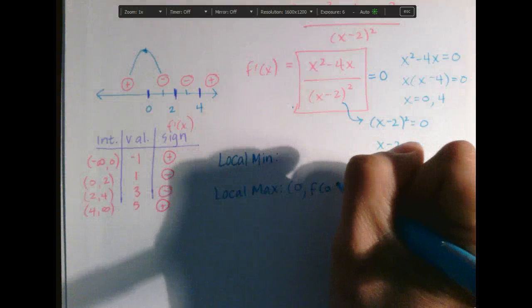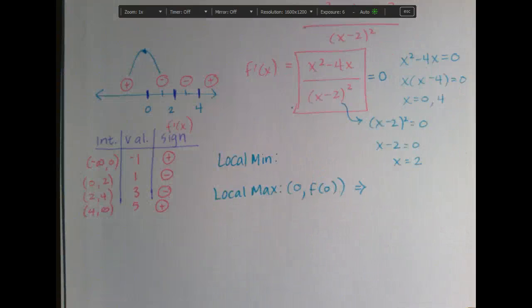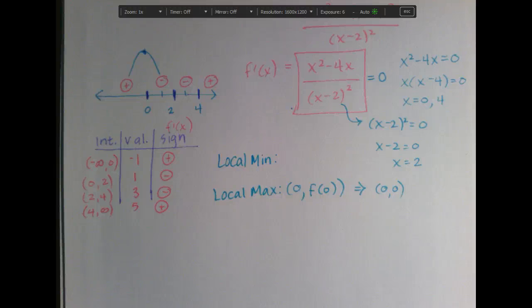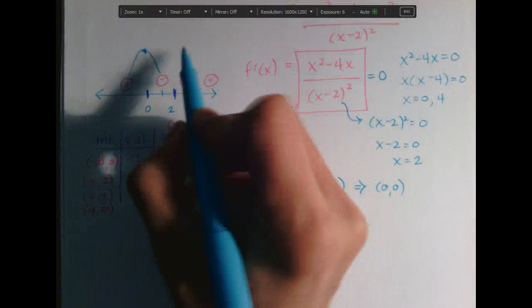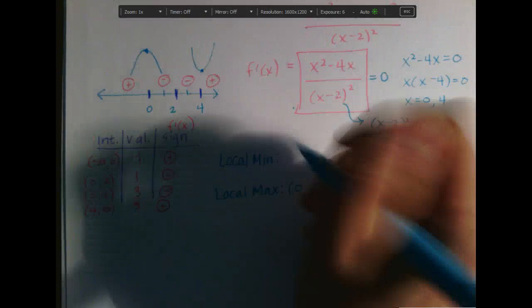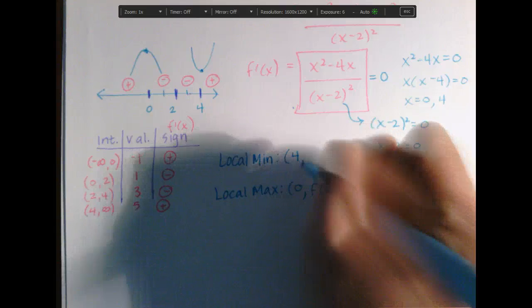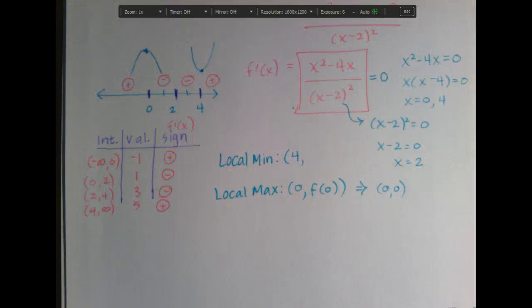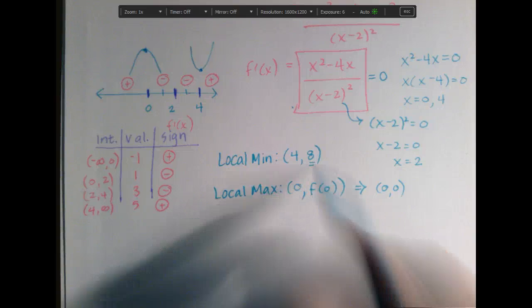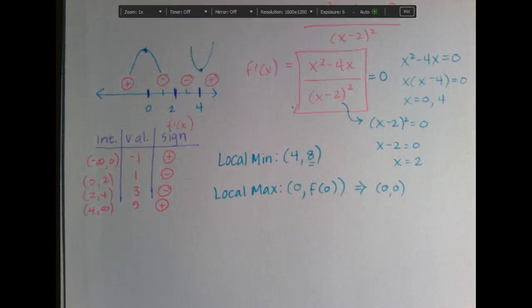Plug that into the original function in order to get the y coordinate, and we get (0, 0). Here at 4, we're changing again, going from decreasing back to increasing, which creates that local minimum. That gives me (4, 8). Again, I just plugged that 4 into my original function in order to get its y value, 8.